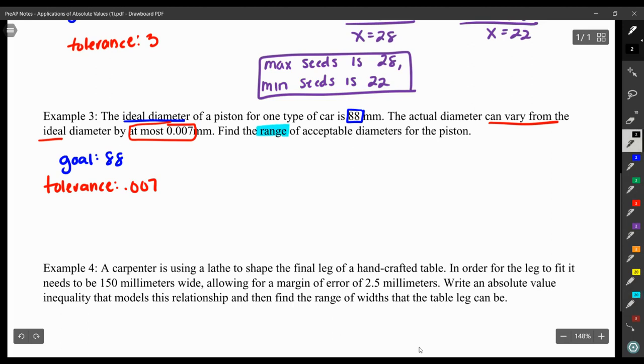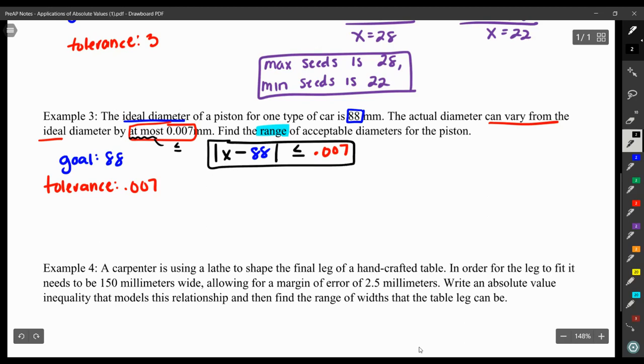Since we're using range, this is going to be the inequality. Another reason: at most is less than or equal to. That's another reason we always use less than or equal to. So we've got the absolute value of x minus the goal, which is 88, is less than or equal to the tolerance, the variance of 0.007. And this is the inequality that represents the range of these values.